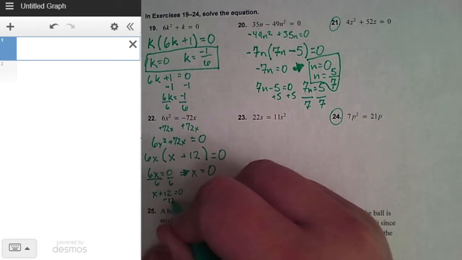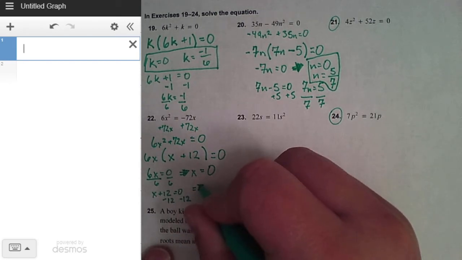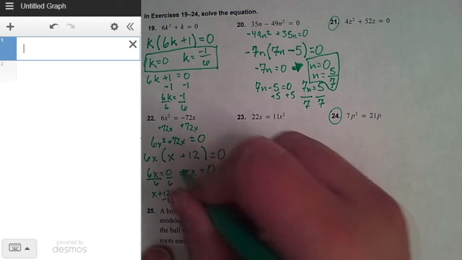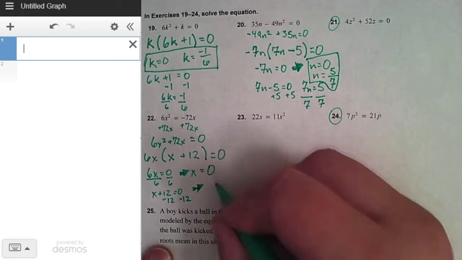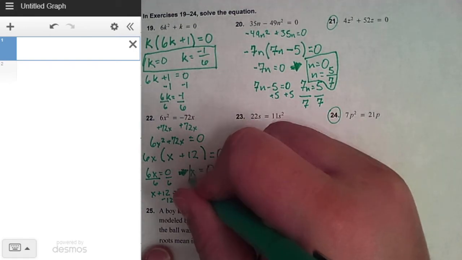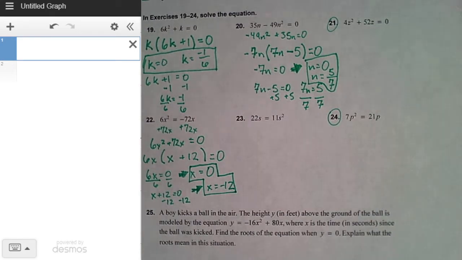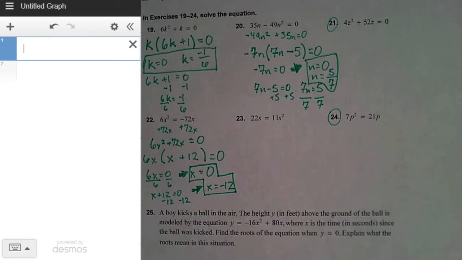Subtract 12 from both sides, and that sends us to seeing that x is equal to negative 12. And so we have those two answers to number 22.